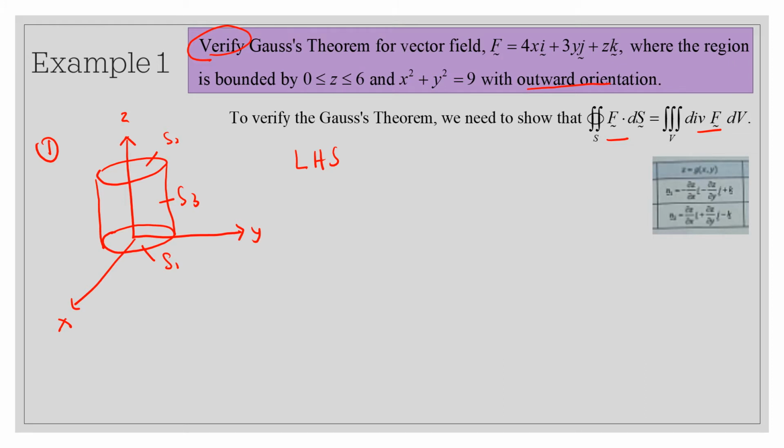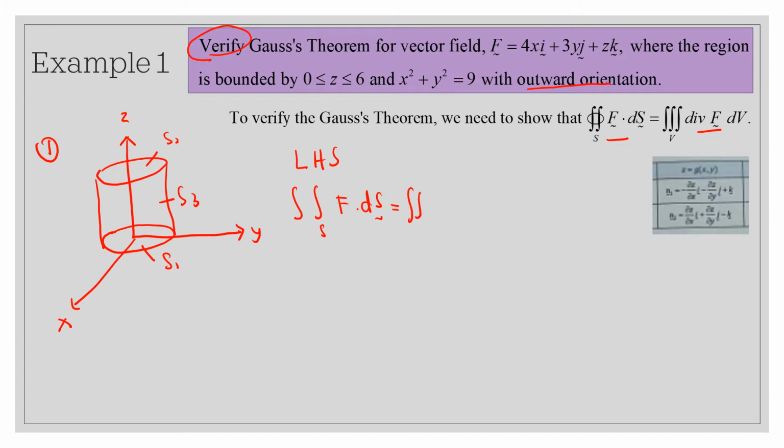Okay, remember the steps to solve surface integral. Okay, here to find double integral for F dot dS for the cylinder, we need to double integrate each part of the surface.